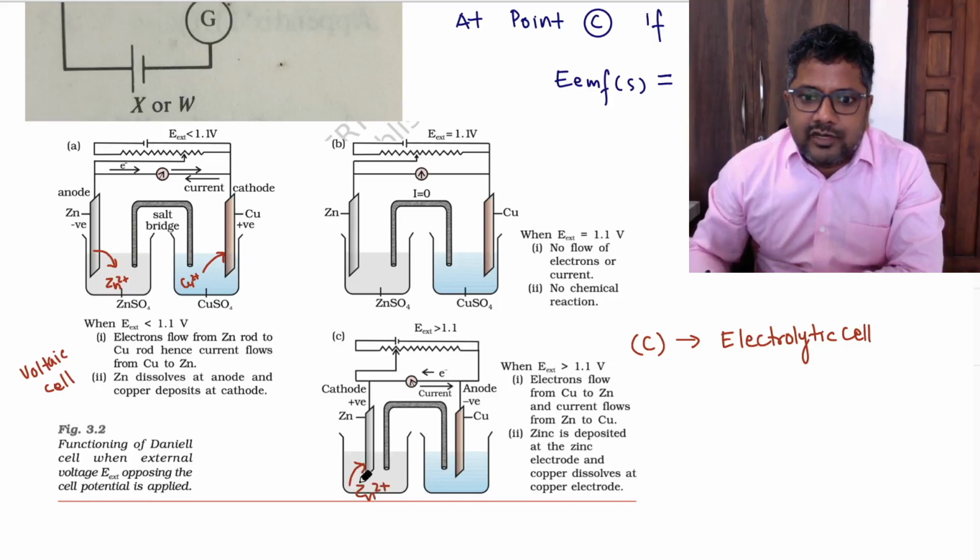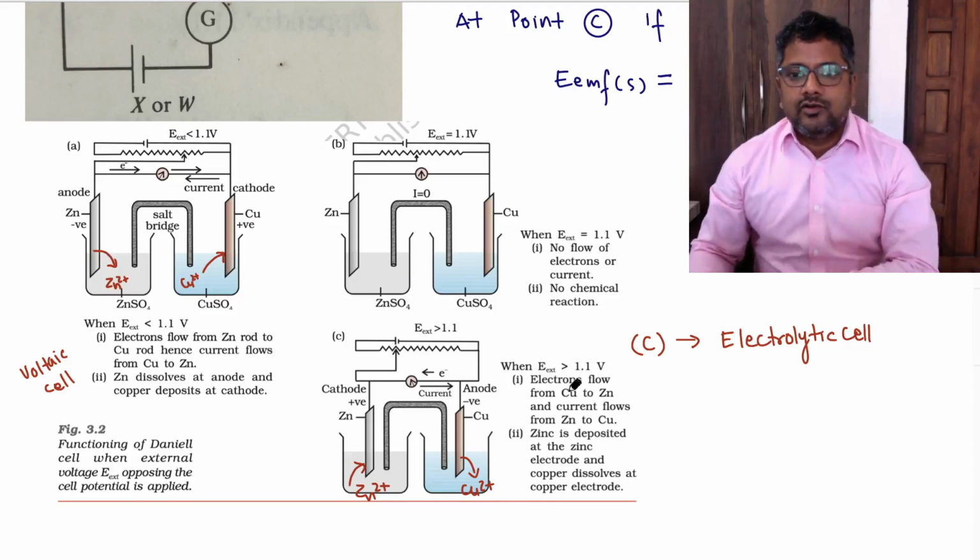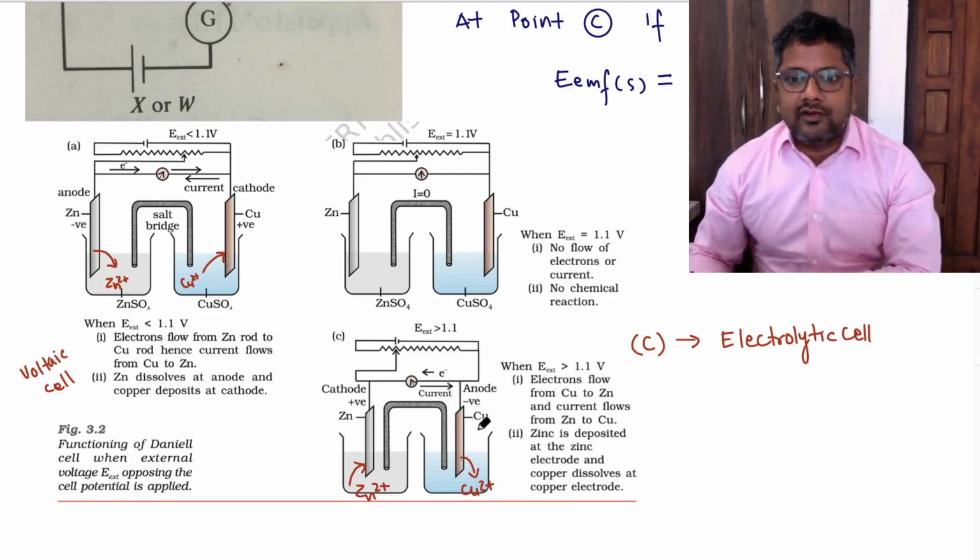Zn2+ will deposit and Cu2+ will come into the solution. This is the difference. See the difference. So now it becomes an electrolytic cell, and this time on the zinc rod Zn2+ will deposit and copper will dissolve as Cu2+.